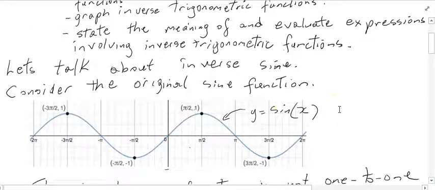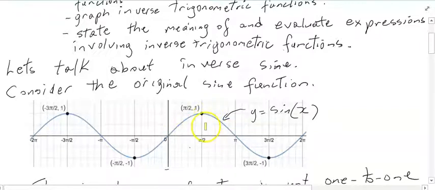Now, if we observe something about this function, it is not a one-to-one function. We need a function to be one-to-one so that we can make an inverse function from it. So we need an invertible function. So we have to consider ways that we can make y is equal to sine of x invertible.